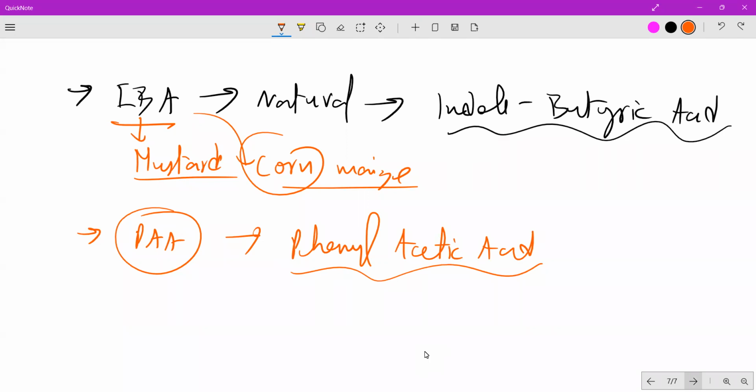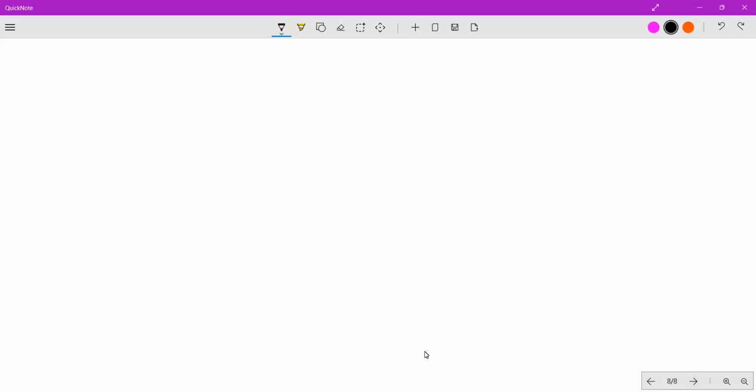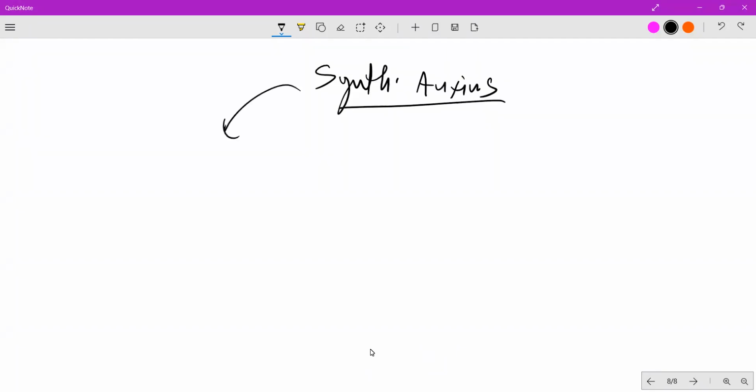And then I'm talking about the next category, which is the synthetic auxins. Now, give me some examples of synthetic auxins, which are man-made, artificial. It seems you all have less knowledge of plants. 2,4-D. Yes, a very important compound, which is 2,4-D.